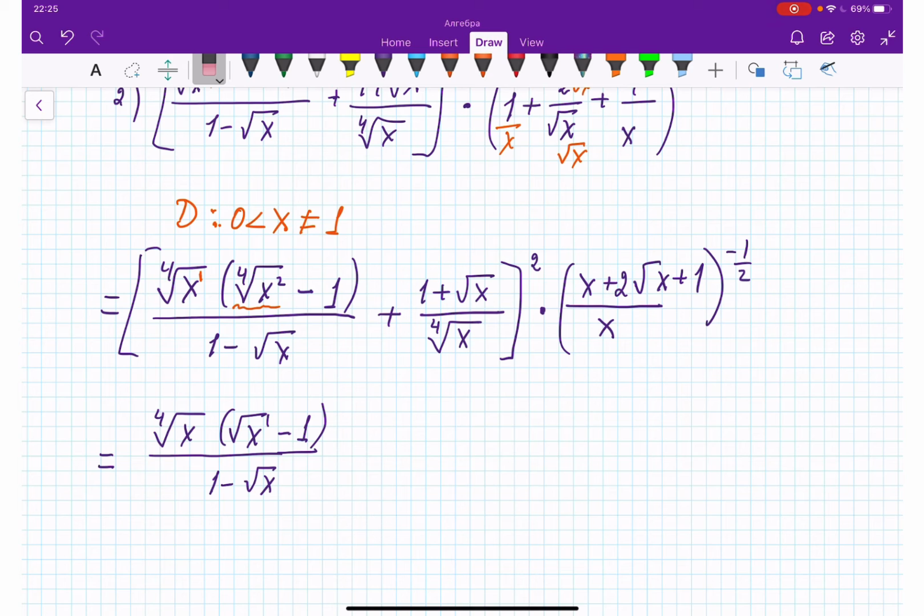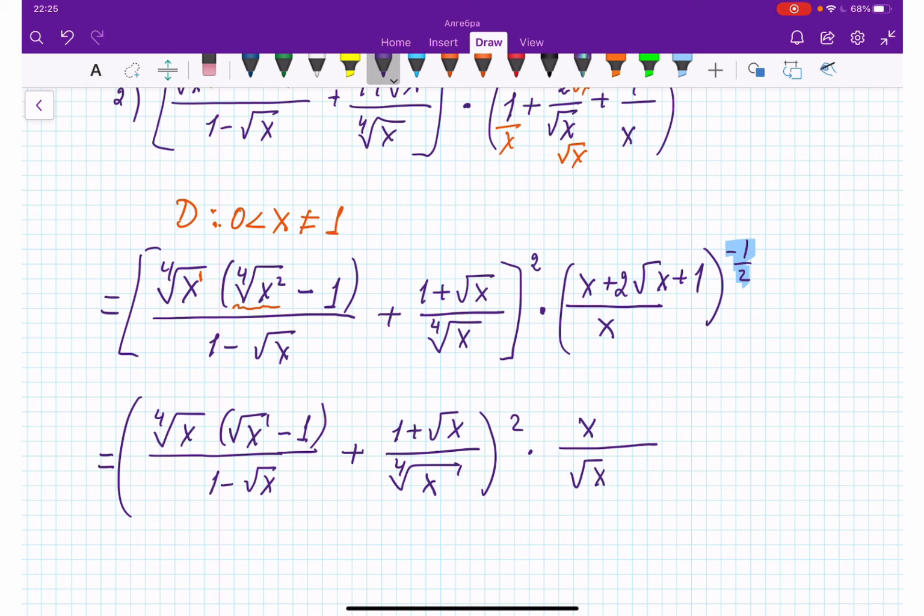Okay? Plus 1 plus square root of x. Here we have radical degree 4 of x squared and times. So we have here negative 1/2, so I'm flipping the fraction to get positive 1/2. And x comes to the numerator.